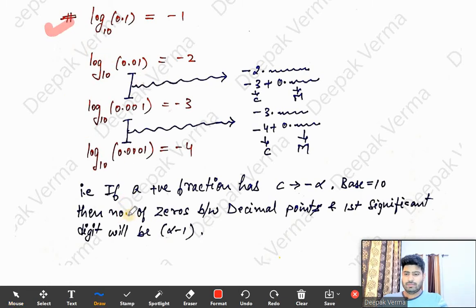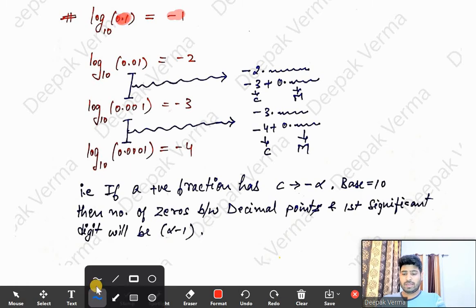Next we have how to find the number of zeros between the decimal point and the first significant digit. Look here, if we have log 0.1 to the base 10, the value will of course be minus 1, because 0.1 we can write as 1 over 10, that is 10 to the power minus 1.